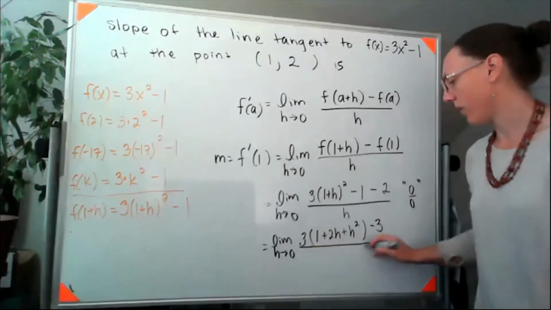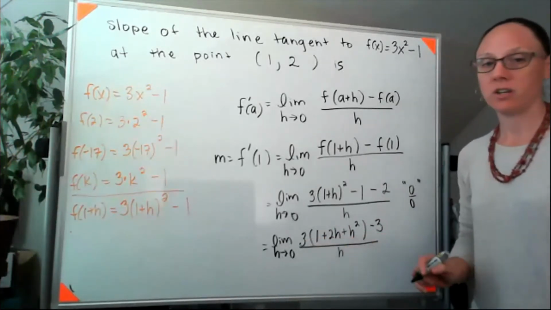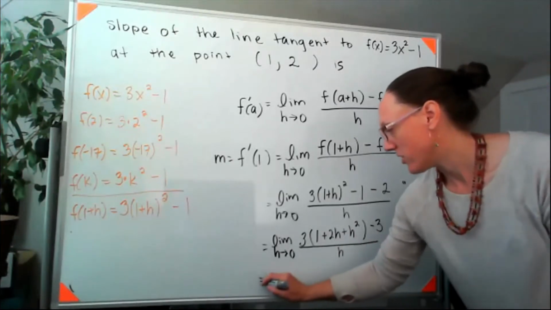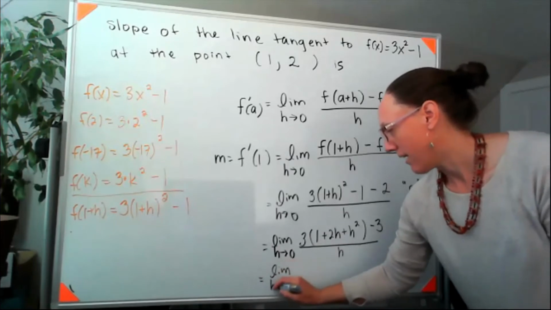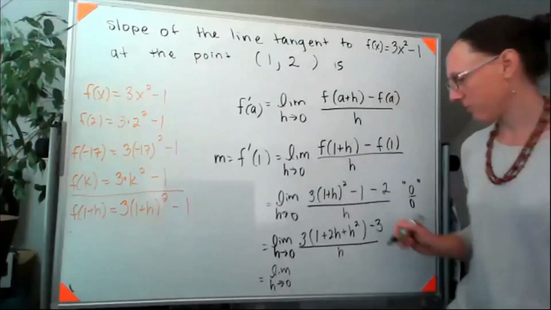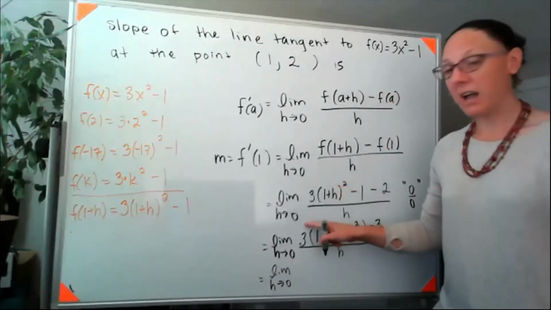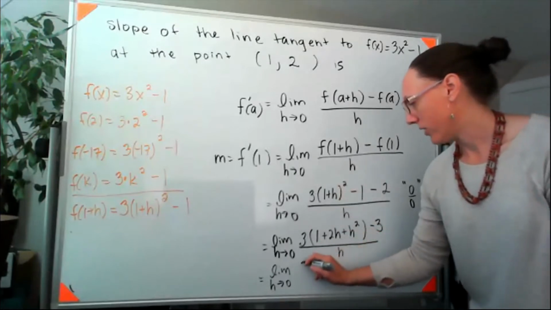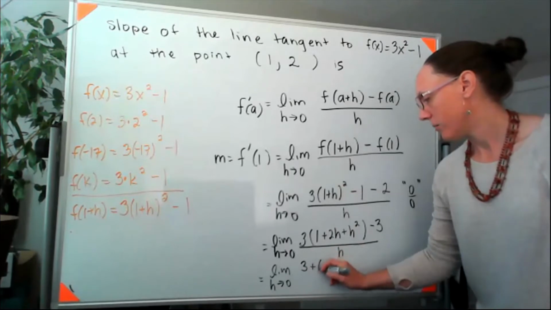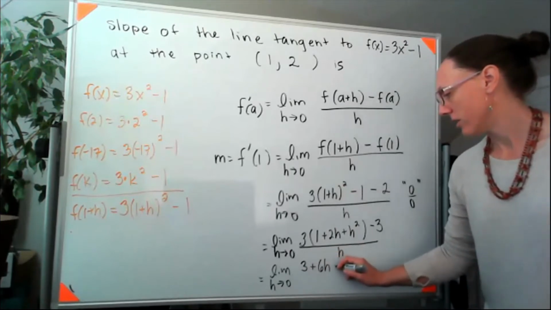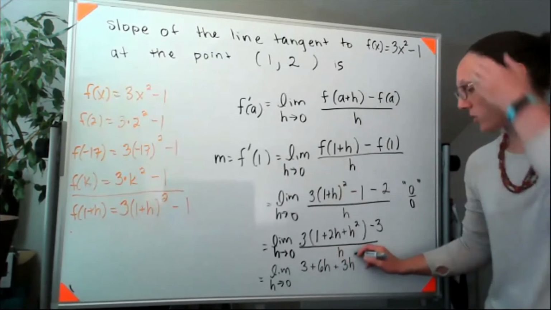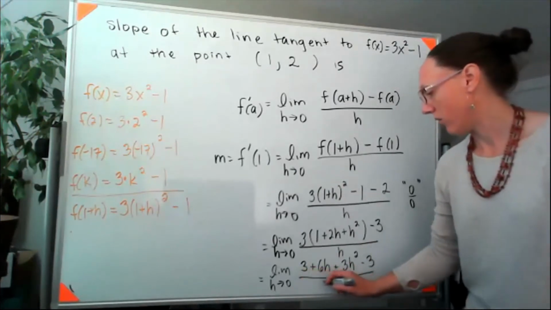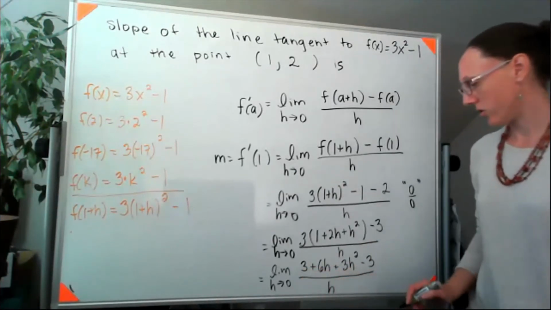And that whole thing is over h. We'll see if I've got enough space here. I think I do. On my next line, I'm going to distribute this 3 to each piece and end up with 3 plus 6h plus 3h squared minus 3 all over h.